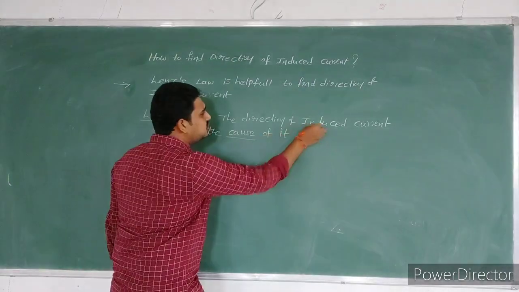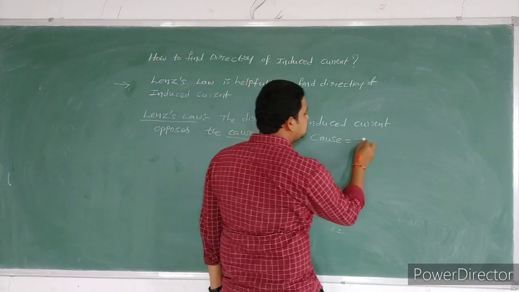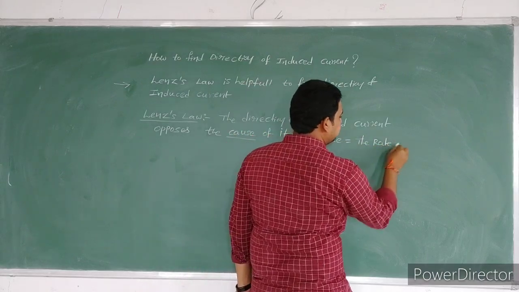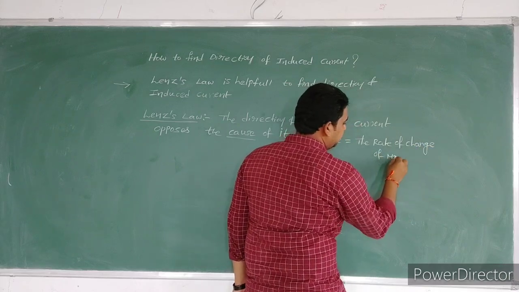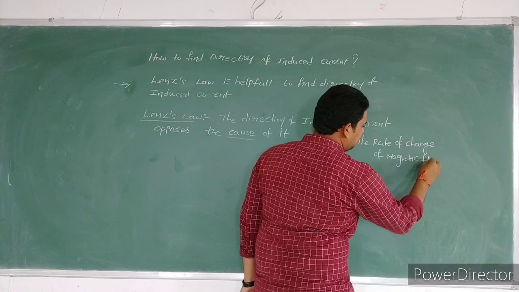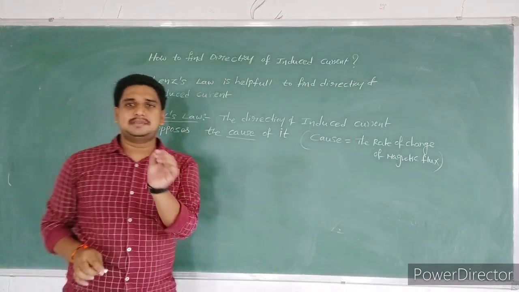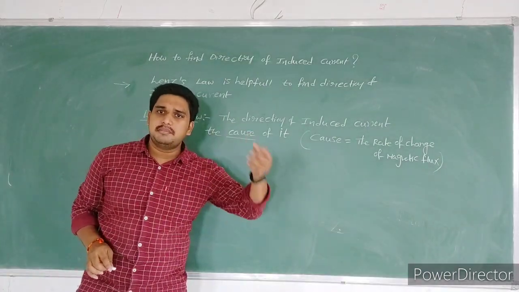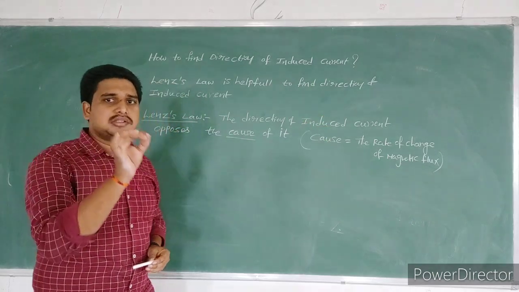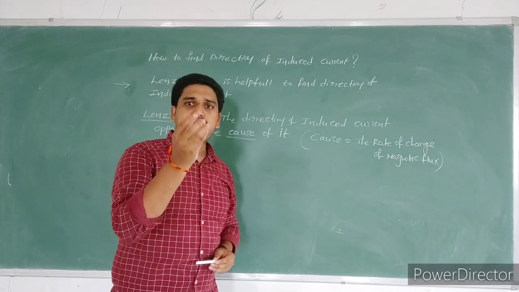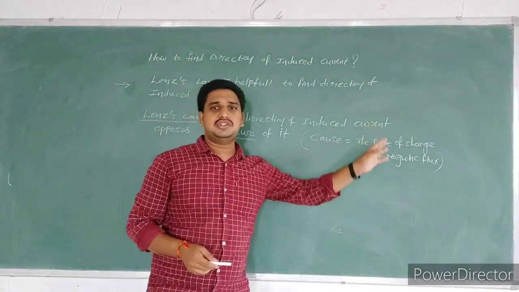What is the cause of induced current? The cause is the rate of change of magnetic flux. Dear students, if magnetic flux changes with respect to time, definitely EMF or electric current is induced in the conductor. So the cause of production of induced EMF is the rate of change of magnetic flux.